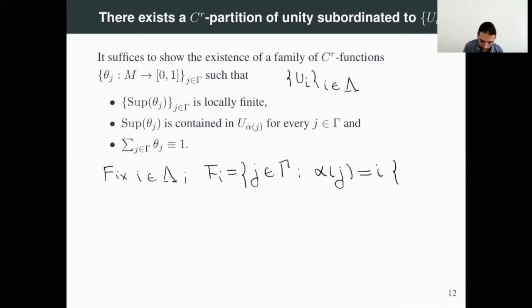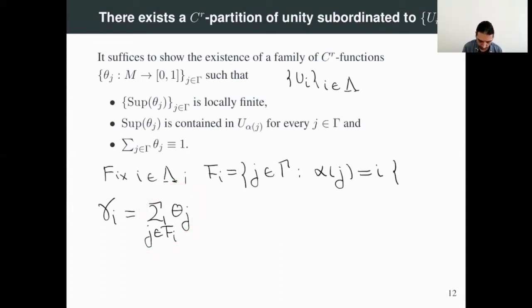What we can do is define alpha sub i. Well, alpha is not a good idea because alpha was already used, but maybe gamma sub i as the sum of the theta_j's where j belongs to F_i. This is well defined because the family of supports of the theta functions is locally finite, and so this kind of sum is always well defined.